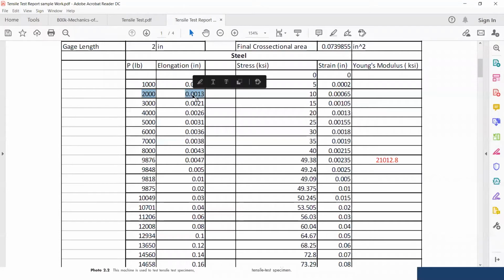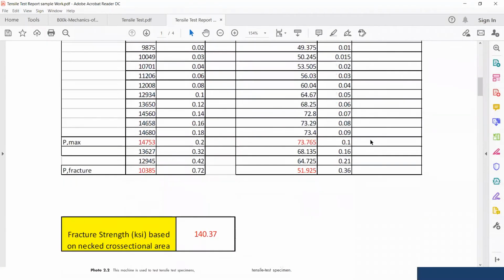Every time you look at the applied loads, you should look at the elongation on the extensometer at the same time. So you want the instant elongation corresponding to applied load. There is no reason behind it, actually.